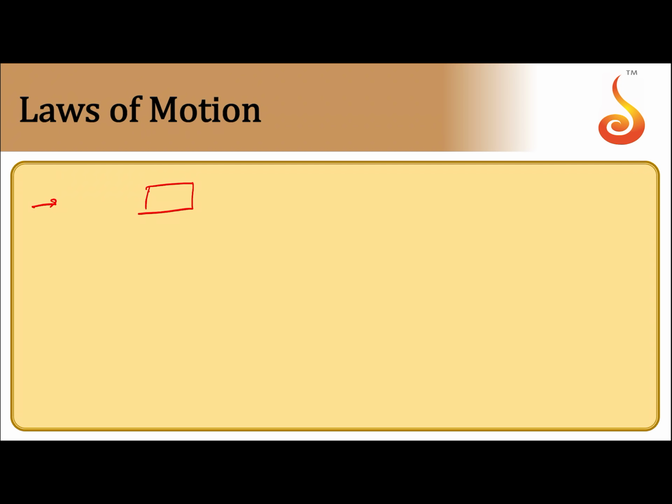This time we got a block connected to a pulley mass system through this arrangement. This is of mass M2, this is of mass M1, and assume that the motion happens along this direction, and this is of course an ideal one.